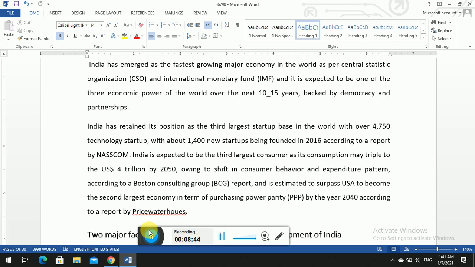India has retained its position as the third largest startup base in the world, with over 4,750 technology startups. So imagine new companies. As we have startups, you will study small and medium enterprises in the 8th semester.